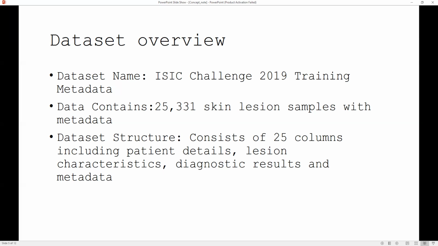It contains 25,331 skin lesion samples with metadata. And this metadata contains melanoma data together with benign data and the intermediate kind of cancer. It contains all kinds of cancers.